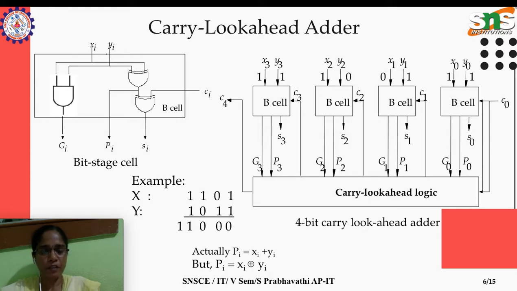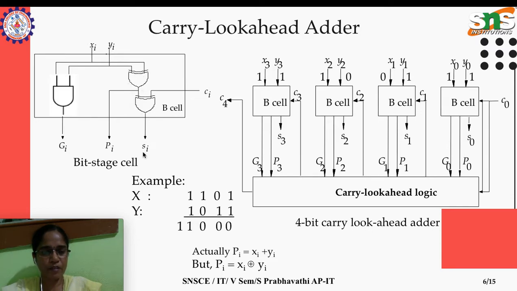Each and every full adder will do some calculation to look ahead the carry. Here gi is nothing but xi yi, that's what is given in the AND gate, and pi is nothing but xi yi. But look here, it is given an XOR gate. I'll tell you the reason behind that.